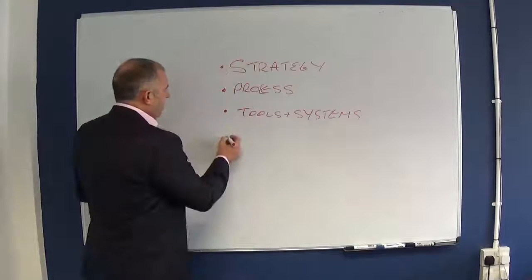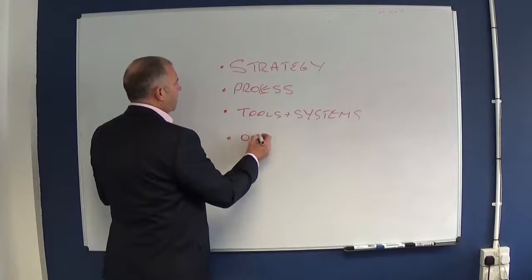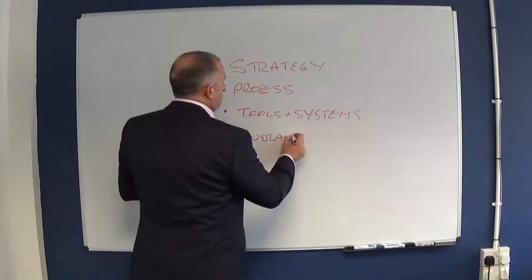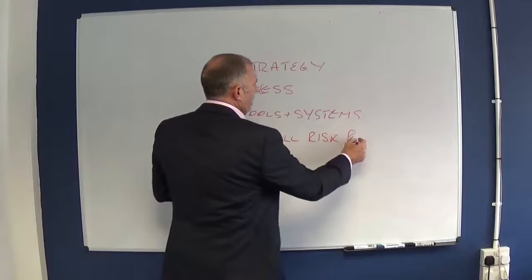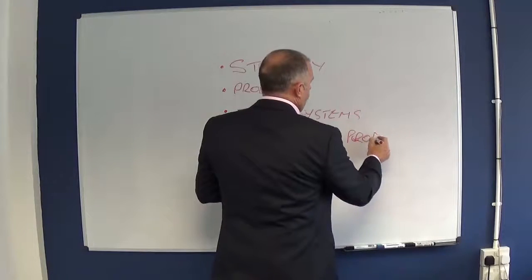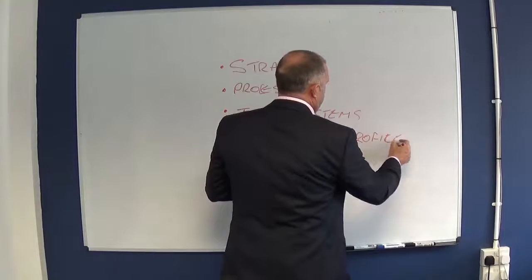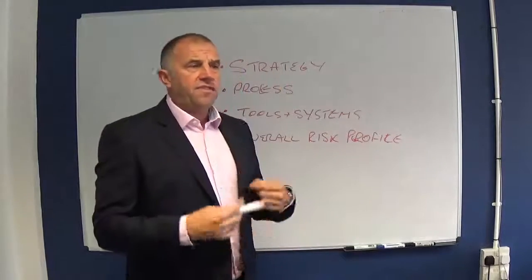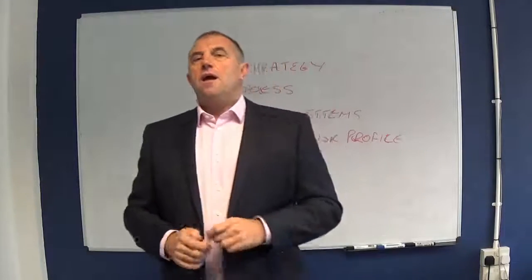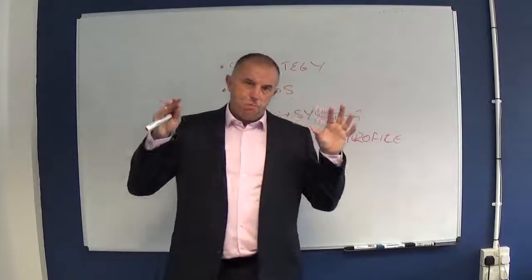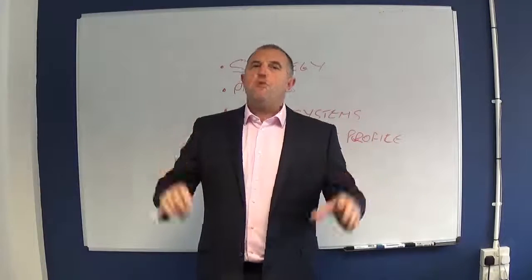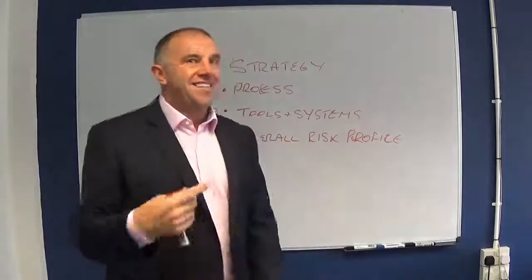The other area you need to think about is the overall risk profile. Now there are some tools out there for this. The Cabinet Office Gateway process is one. They have a thing called an RPA. But so many times we're recovering programs because when they kicked that program off, nobody really thought about whether they can actually deliver it.